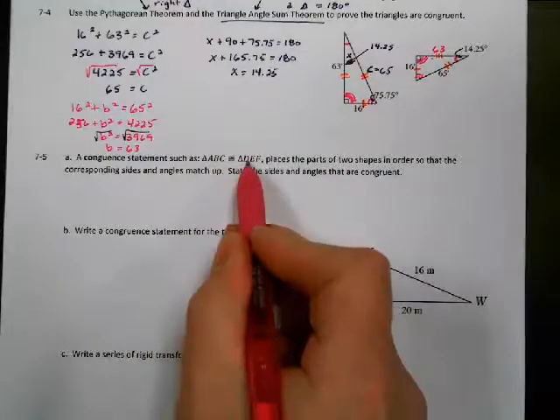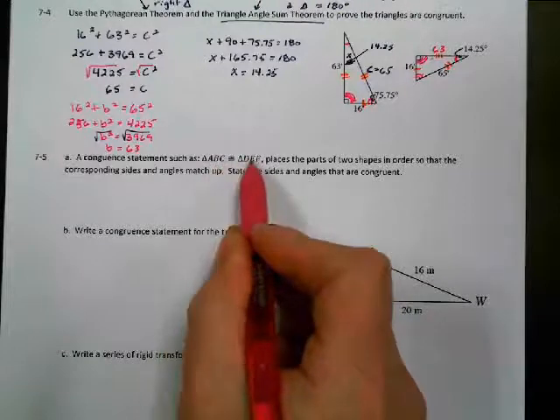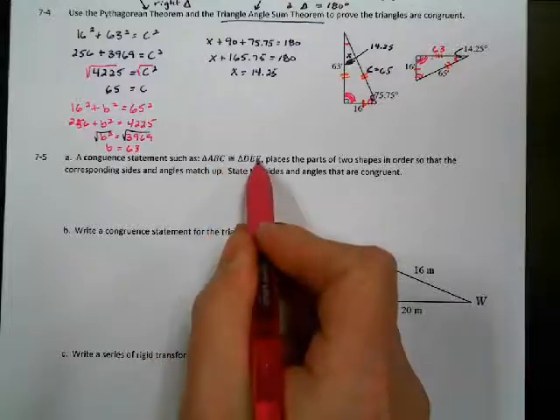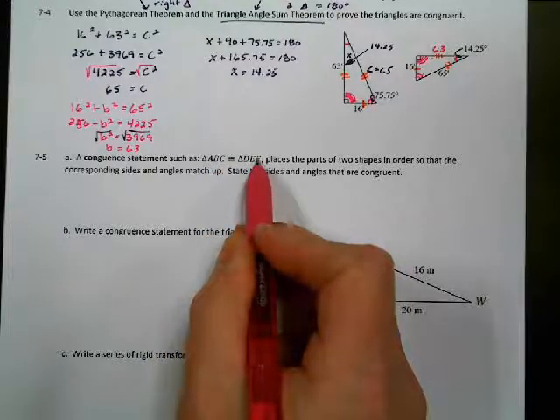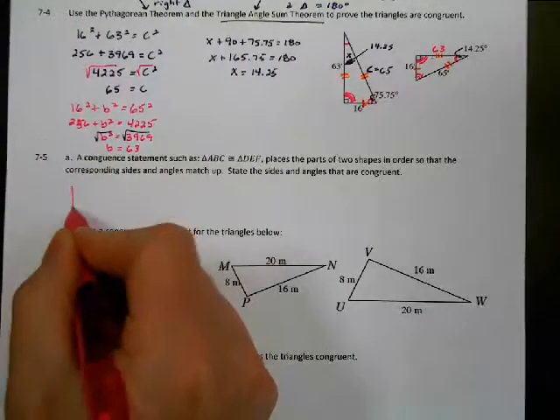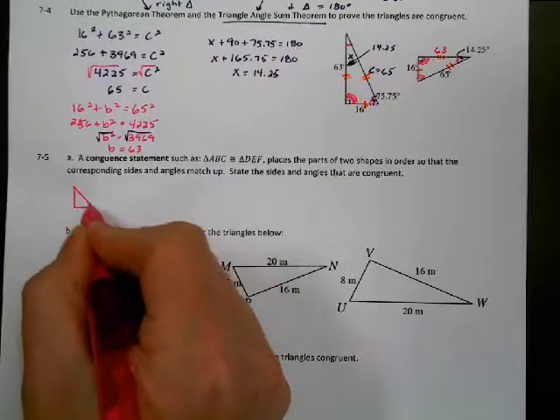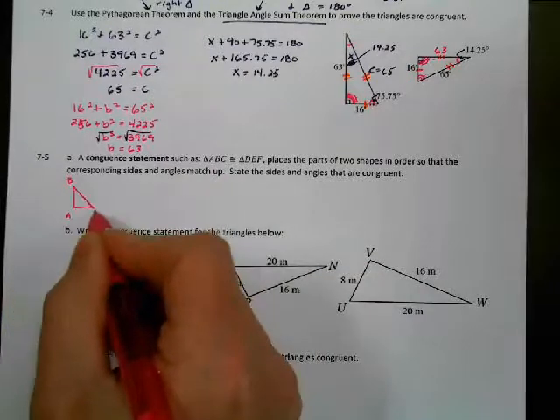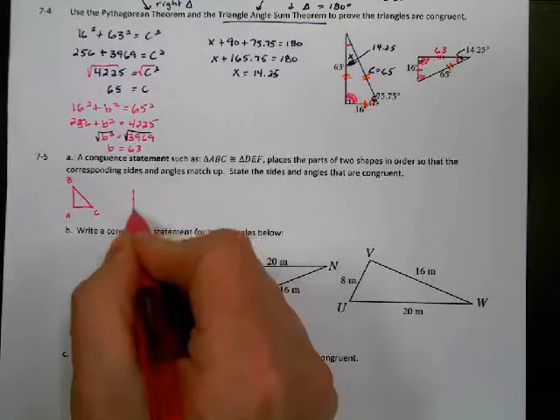If I put C here, then F matches up to it. So let's just draw a real quick thing right here, just to see what we're talking about. So this one's going to be A, B, and C. And then I'm going to draw a triangle that looks just like it right next to it. And this one's going to be D, E, and F.